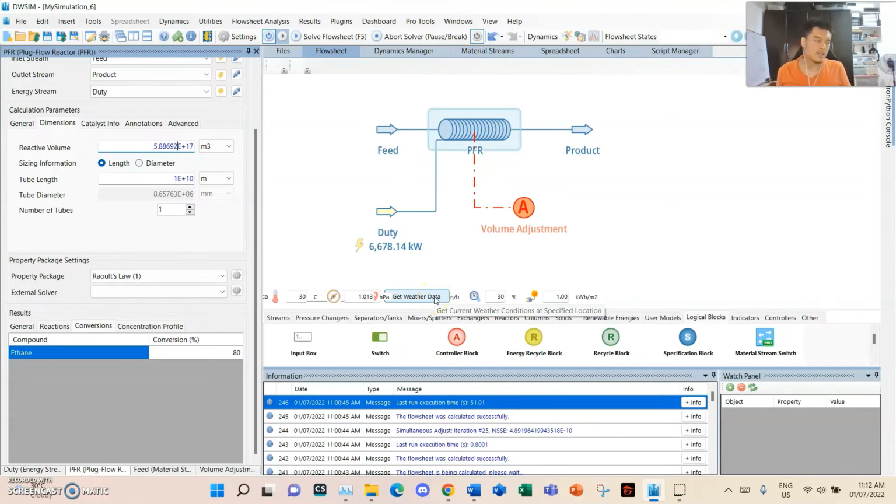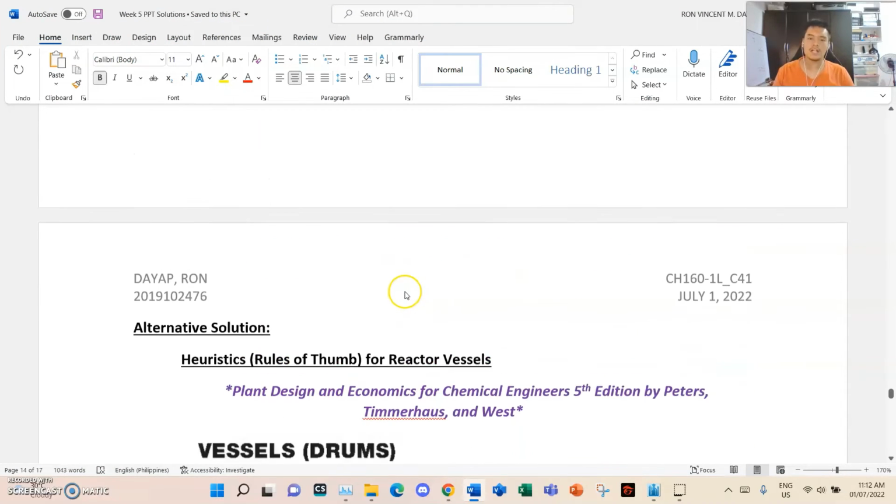Maybe it's because the property package of Raoult's law had a specific component that made it calculate this way, or maybe it's true due to the fact that the product flow rate is 45,000 tons a year. So it is actually quite a lot. So regardless, though our hand calculation does not prove the simulator's sense, let's prove it in another way. So we'll do an alternative solution.